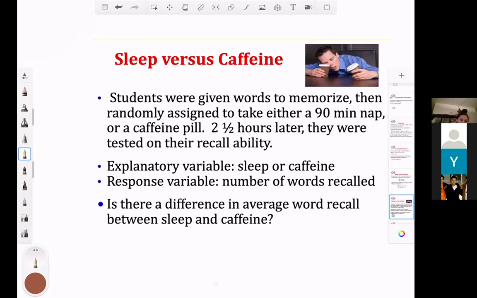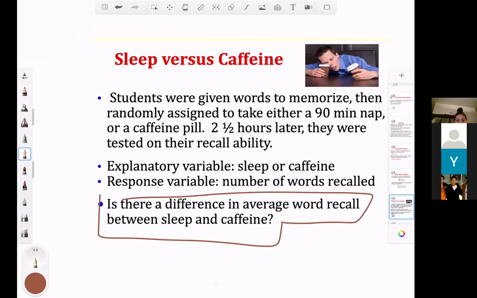I didn't know that. 2.5 hours later, they were tested on their recall ability. All right. So the explanatory variable is sleep or caffeine. So we're going to examine if sleep is better or caffeine. The response variable will be the number of words recalled. Is there a difference in average word recall between sleep and caffeine? So that's what we're going to conclude.